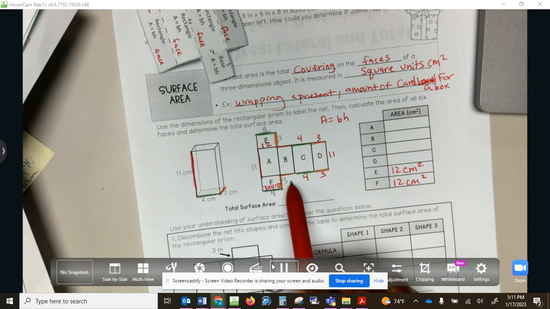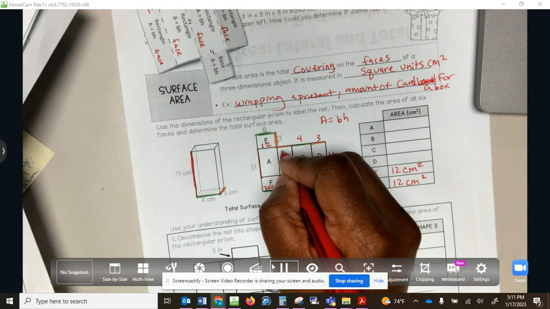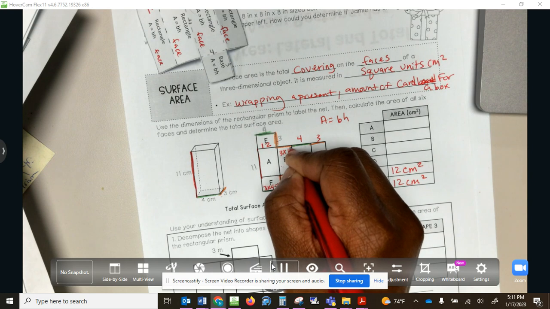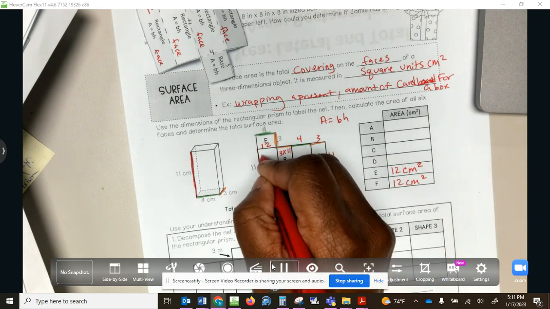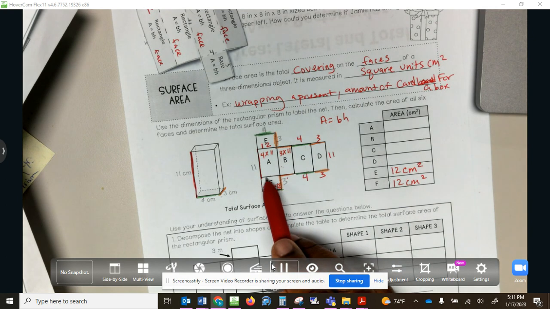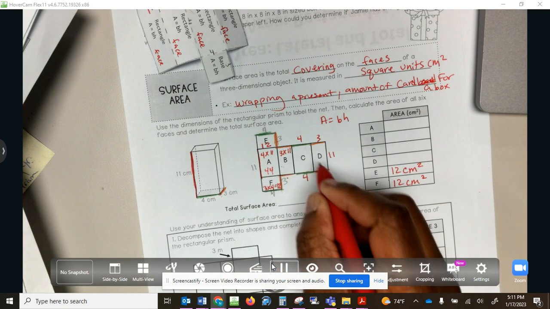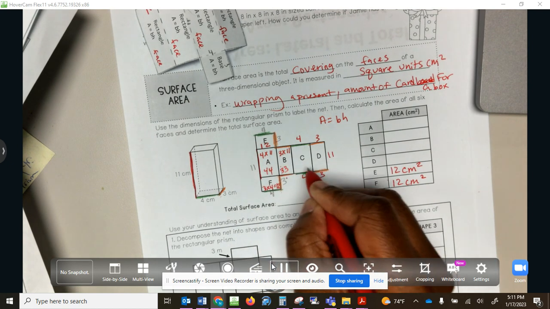Then here I have 3 times what goes here. It's 11. So this is 3 times 11. Right here will be 4 times 11 because the 4 is there to represent it. And this is still 11. So this is 44. This is 33.